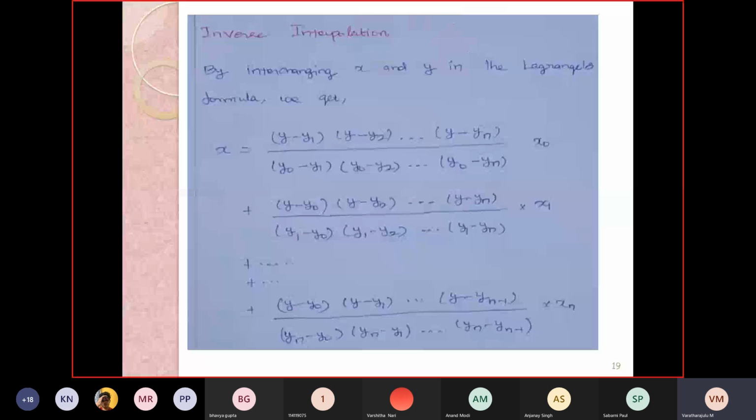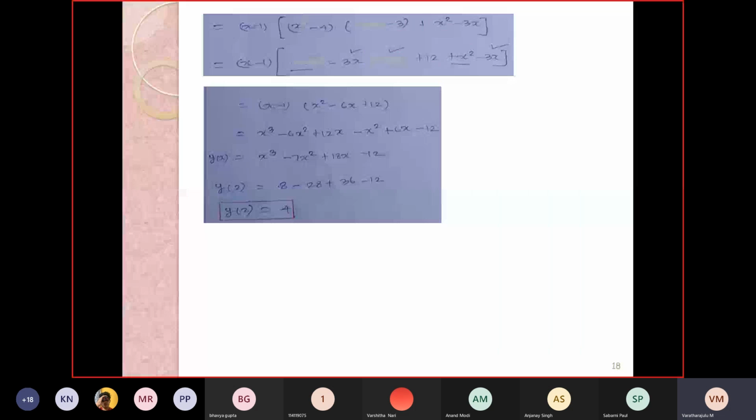Do you have any doubts over Lagrange's interpolation? The application of Lagrange's interpolation is when we have unequal intervals over x. At that time, we need to depend on Lagrange's interpolation in order to find the respective y value, and vice versa. When we have equal intervals over the y value, at that time we can find x.